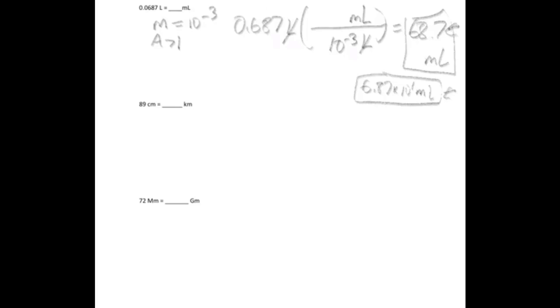Next problem involves meters, the SI unit for length. And we're going to do a conversion between centimeters and kilometers using the factor label method. Centi means 10 to the minus 2. Kilo means 10 to the plus 3.